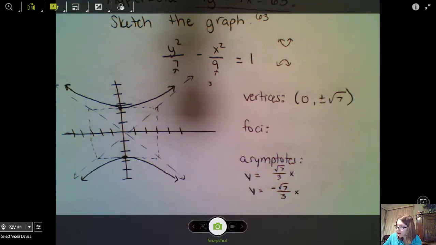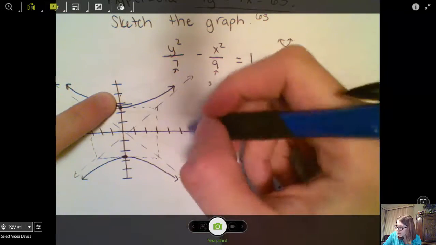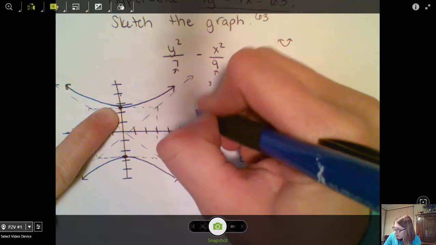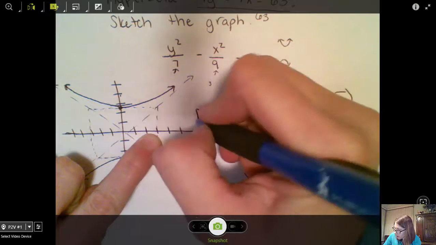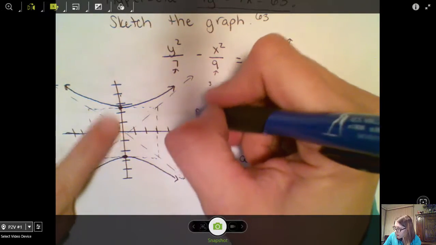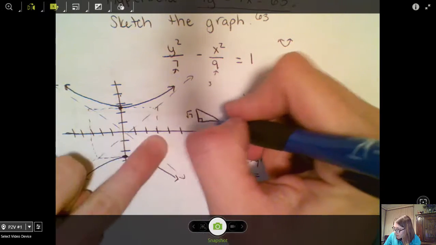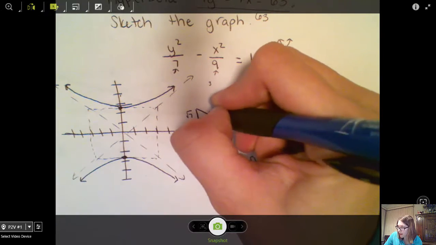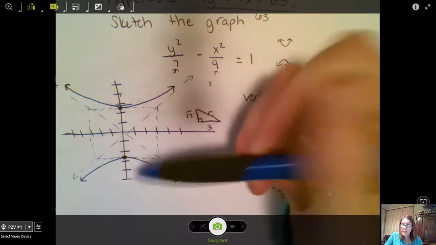Now the foci, again, we have that right triangle thing going on. Our vertex, the origin, and our b value make our right triangle. So this length is the square root of 7. This length we know is 3. This length, our hypotenuse, is also the length out to our focus, wherever that is.